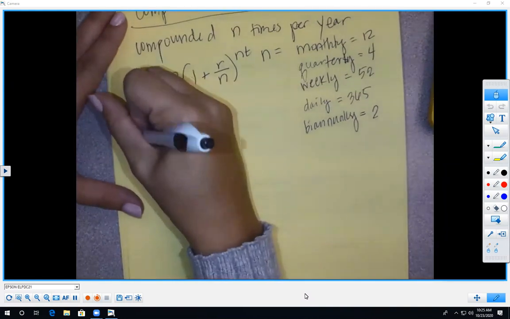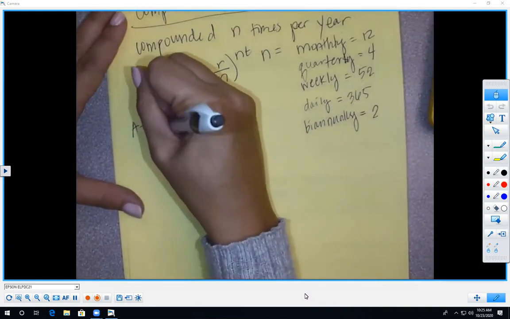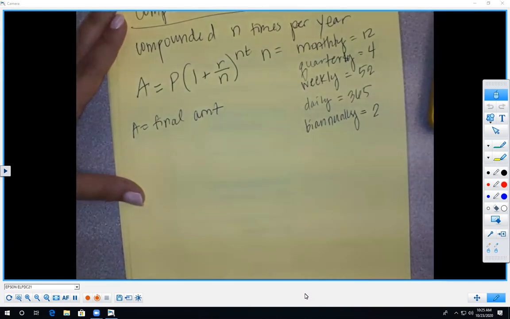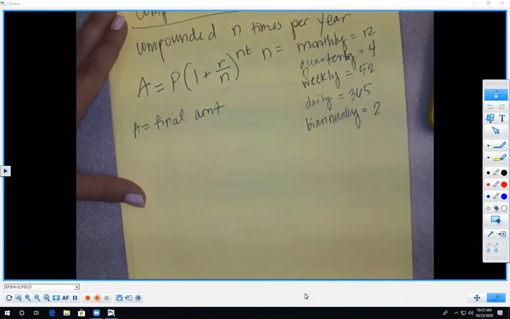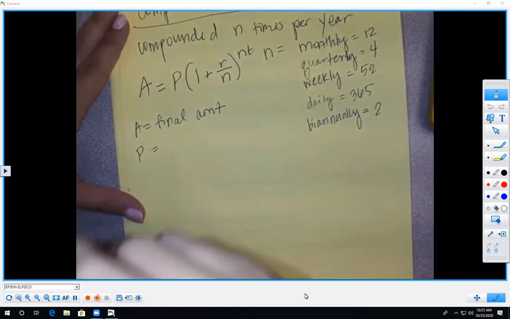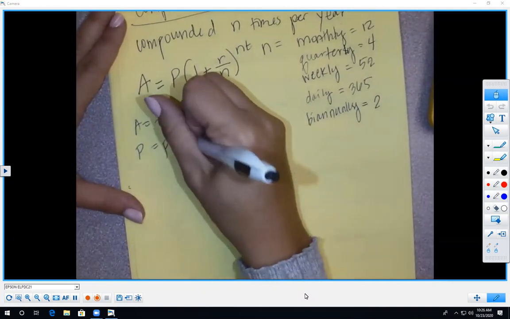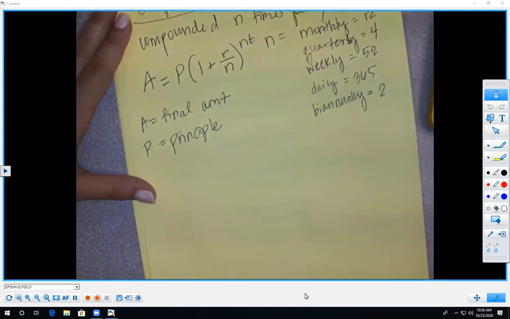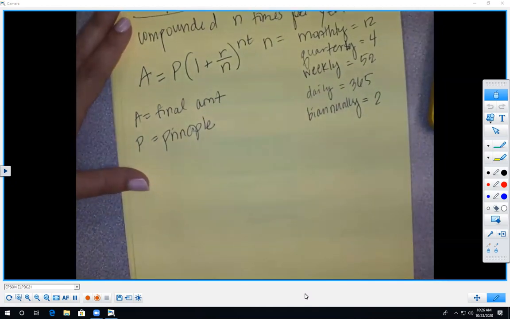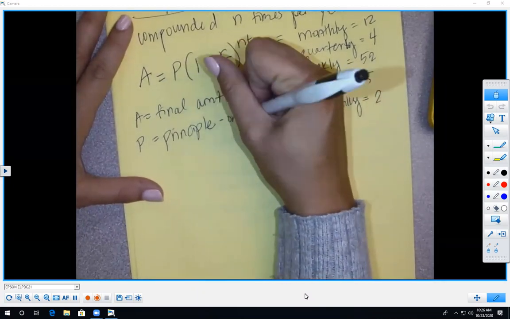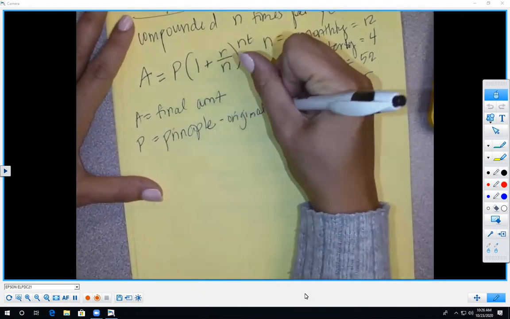The A represents the final amount after you accrue your interest. The P represents the principal, principal, not principle, like school. The principal, which is the original amount. That's what principal means.